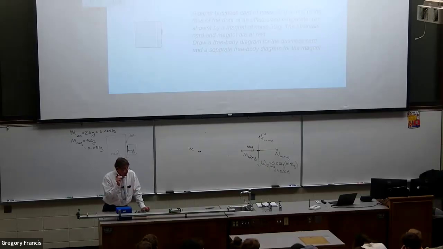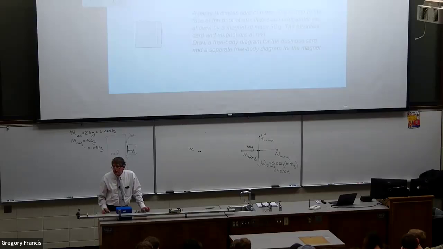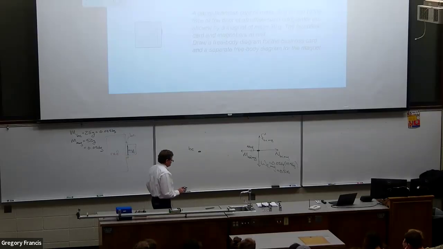And then when you're deciding what direction to make that force point, ask yourself, what do I still need to make this diagram scream, in this case, 0, okay? Because I know that the magnet's not moving. So my free body diagram's finished.